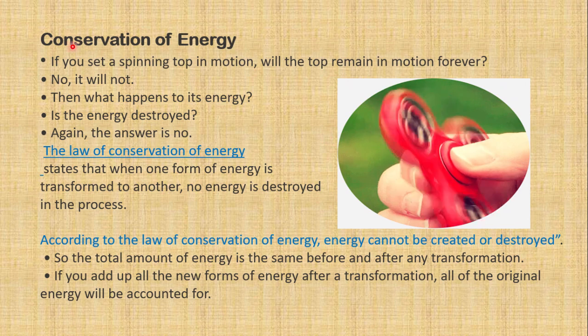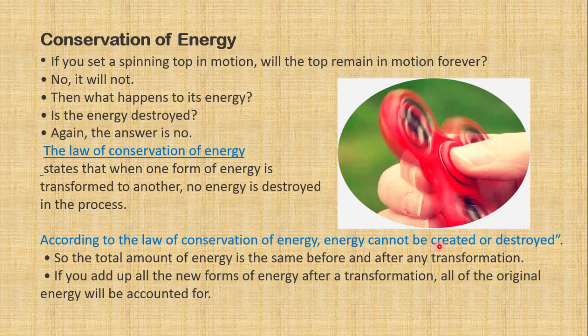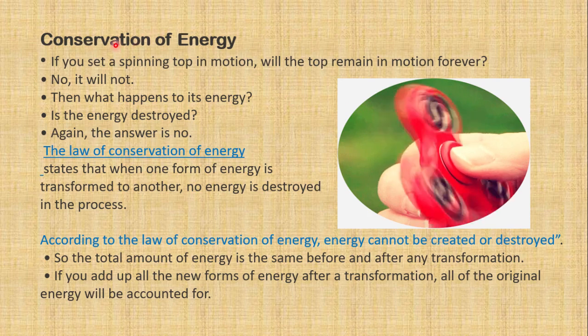This is named as conservation. Conservation means remain same or constant. So the law of conservation of energy states when one form of energy is transformed to another, no energy is destroyed in this process. Energy is neither created nor destroyed, but it changed from one form to another form. This is named as law of conservation of energy.